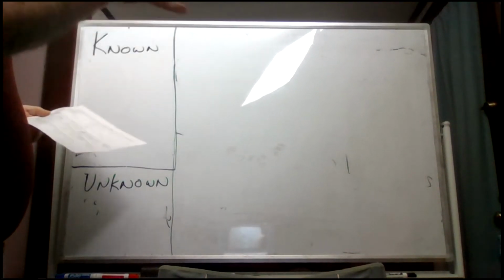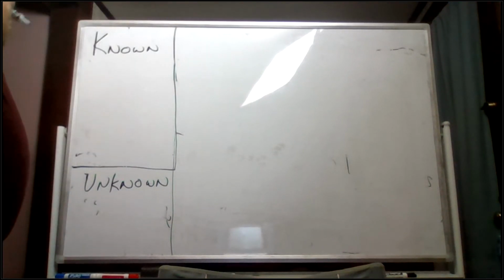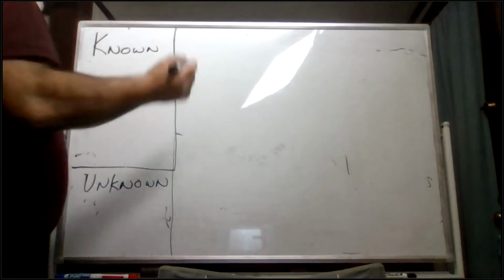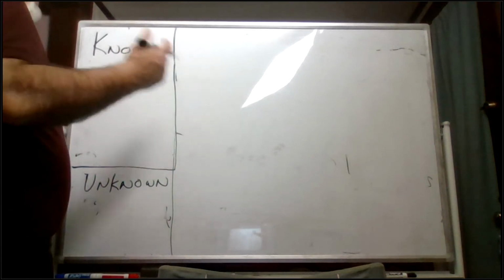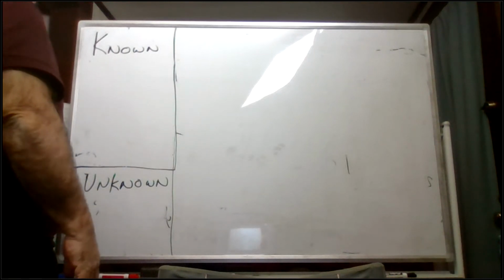Okay, so let's do the same thing. We'll do the knowns and the unknowns. Again, it makes it easier for me to do it this way. Hopefully it makes it easy for you. Now, I'm probably not going to write the right chemical formula for this. I'm going to try. I don't remember what it is. I think it's MgOH. I'm not sure. That sounds like what it should be, magnesium hydroxide.